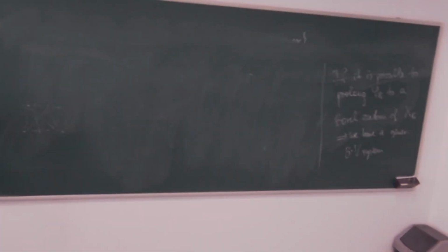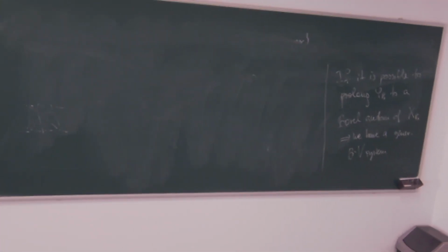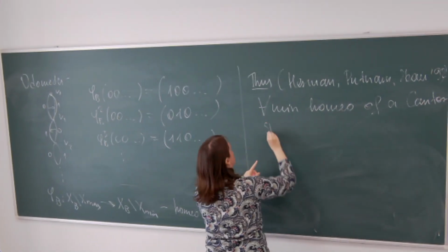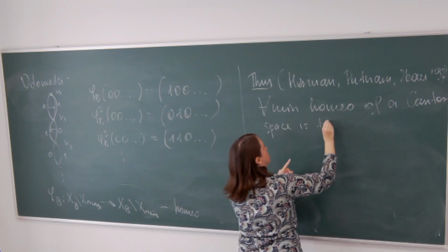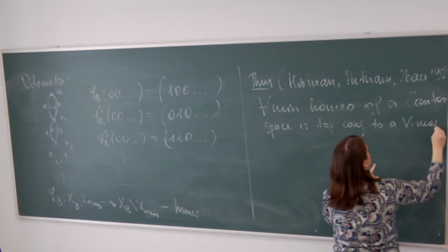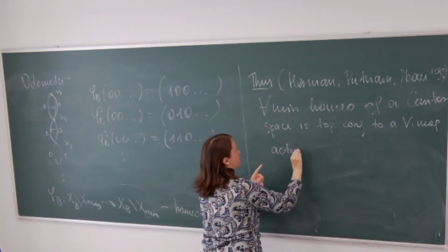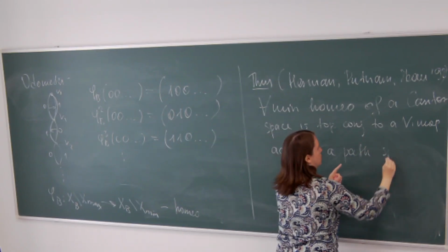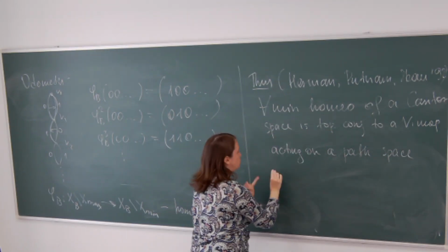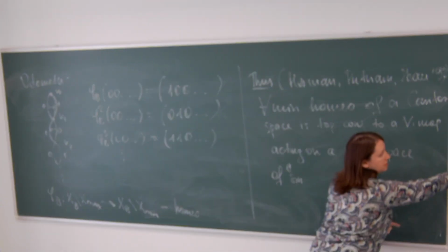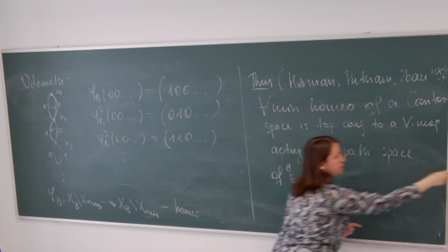So let me write down that any minimal homeomorphism of a Cantor space is topologically conjugate to a Vershik map acting on a path space of a simple, properly ordered standard Bratteli diagram. Simple means that neighboring vertices are connected by edges, all of them.